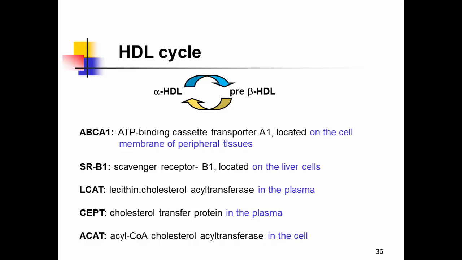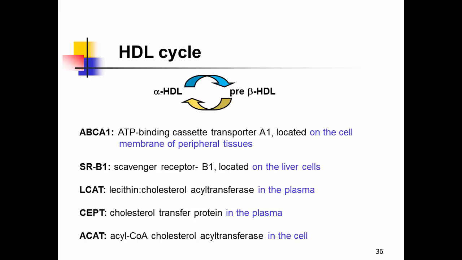So I want you guys to try to distinguish these two different enzymes, LCAT and ACAT. LCAT and ACAT have the same enzymatic function, right? They catalyze the formation of cholesterol ester from free cholesterol, right? In other words, these two enzymes have the same function.